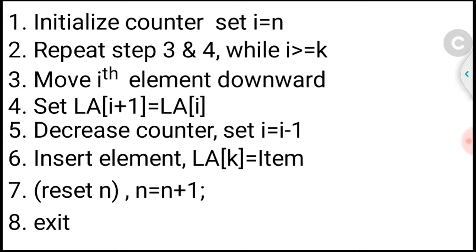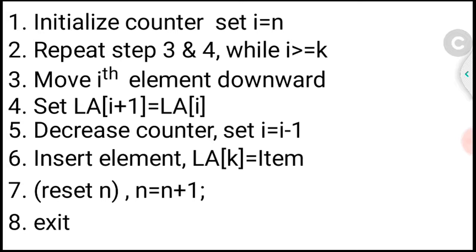So in the fourth step you can see that the value of location LA[I], that is linear array I, suppose that I is 4, will be moved to the next location, that is LA[I+1], that is the fourth location value will be moved to the fifth location. In the same way, all the values will be moved.